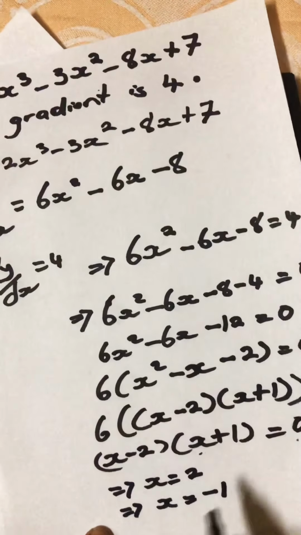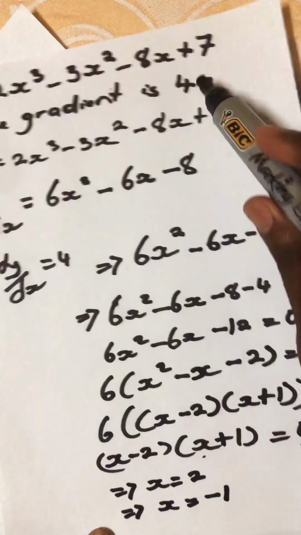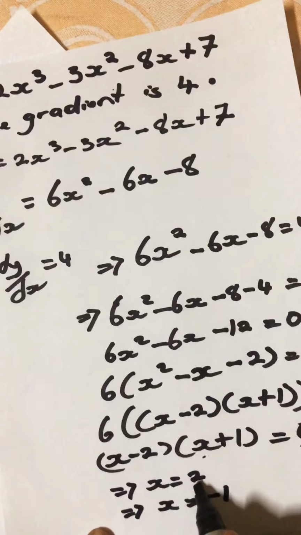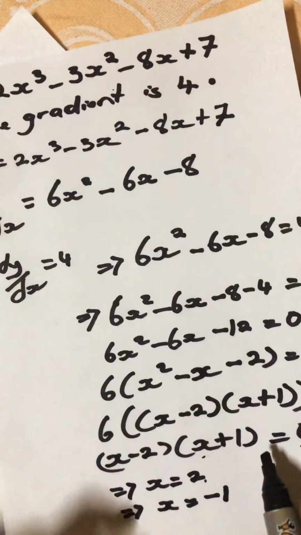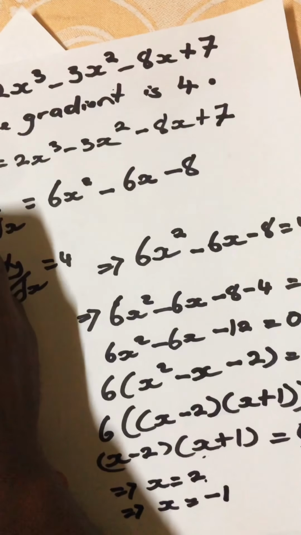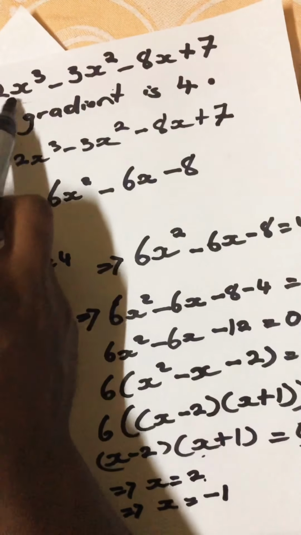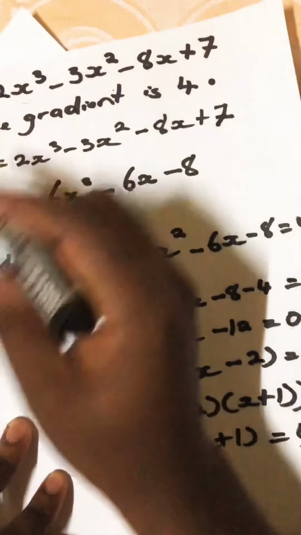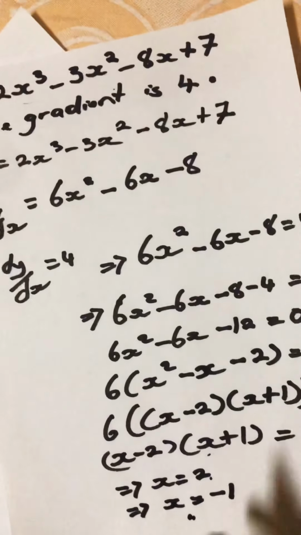So we have 2 points in which our gradient can be 4. The first point is when x equals 2. Now when x equals 2, what is the value of y? We come back here and wherever we find x, we replace it with 2 and we get y. We do the same for this.